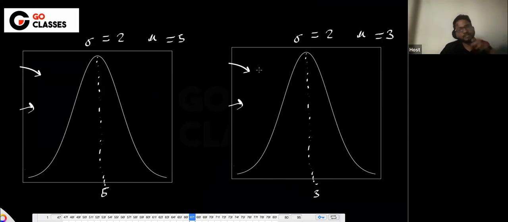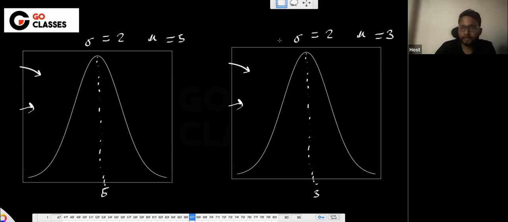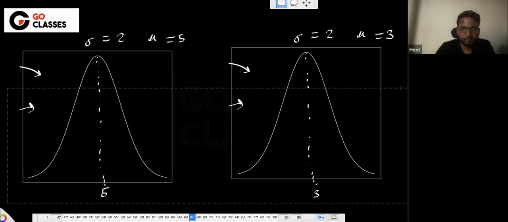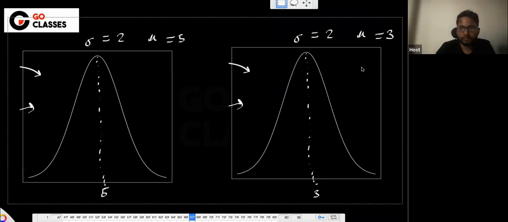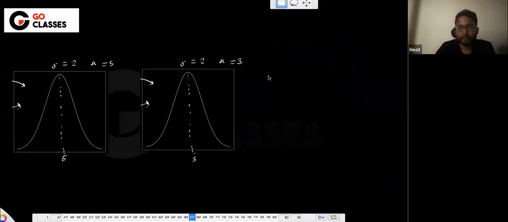Variance is the same means the data distribution is the same. You are just changing the mean. So here it is 5, here it is 3. But suppose you change the variance also, which means now if they ask you how the plot will look if the variance is something else.